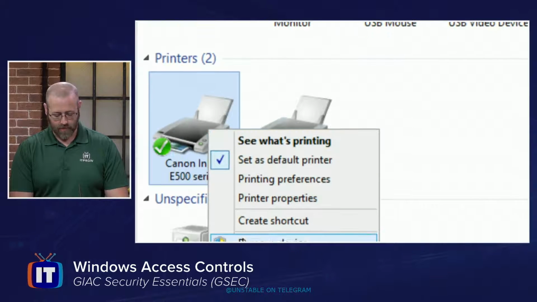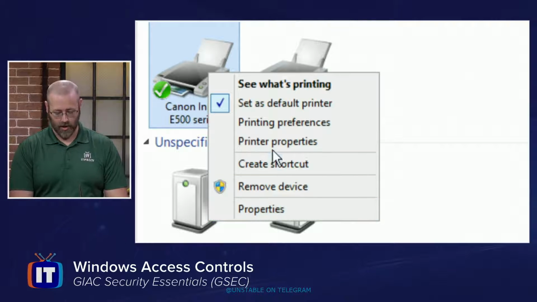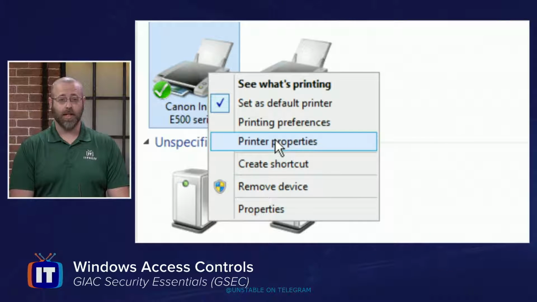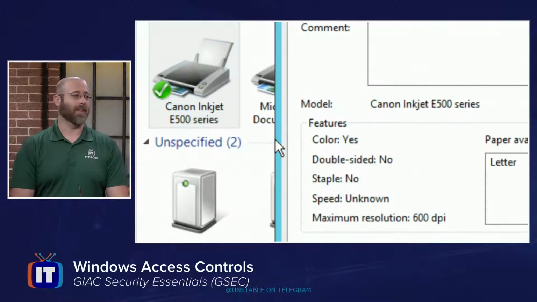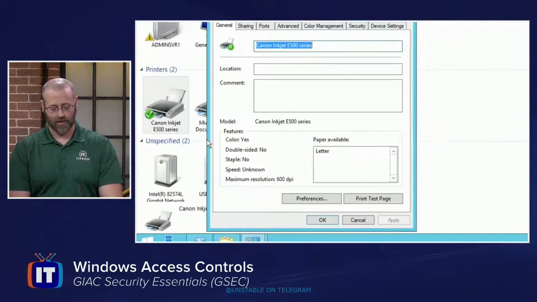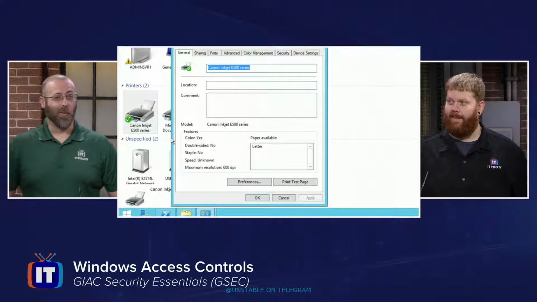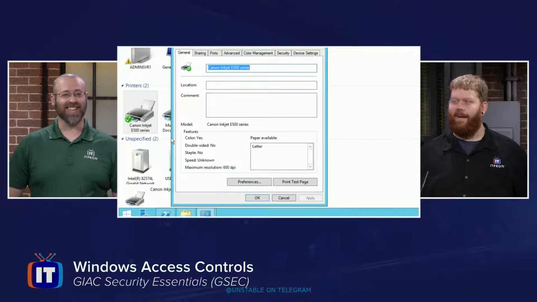Right click on one. Now you'd be super tempted to jump on that properties button, but that's not where you go. Go to printer properties. This is where Microsoft and I start diverging in our methodologies and philosophies. Real quick question. What's the difference? One allows you to do this and the other does not.